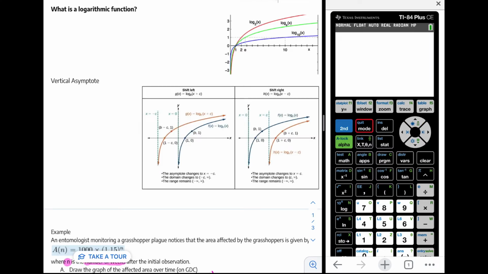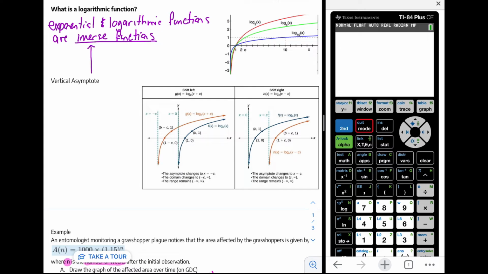What's really important to know about exponential and logarithmic functions is that they're inverses of each other. So this means that there's a perfect reflection between the logarithmic and the exponential function. If we were to graph this, remember inverse functions are reflections across the line y is equal to x.